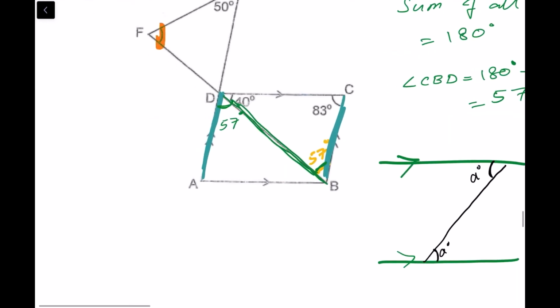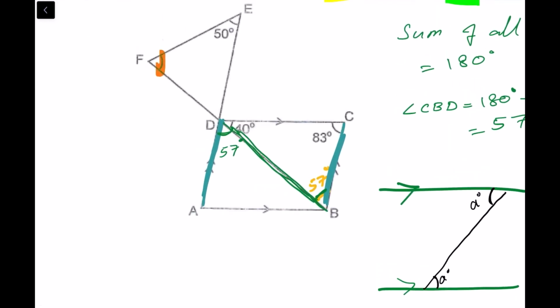So similarly in this case, if I erase these markings, we have two straight lines. The first one is ADE and the second one is FDB, and both these lines intersect at point D. So this means that angle ADB would be the same as angle FDE as vertically opposite angles.